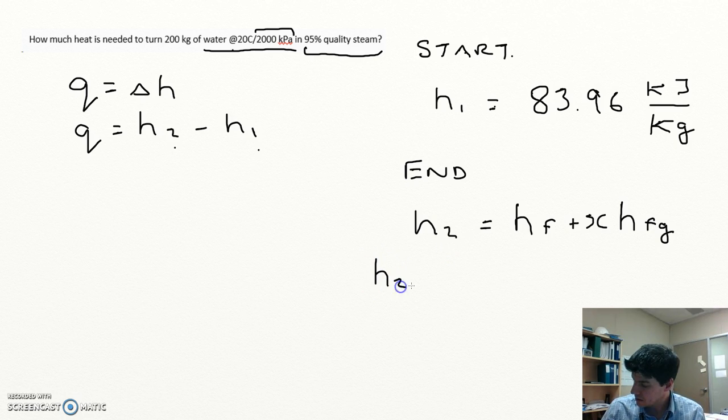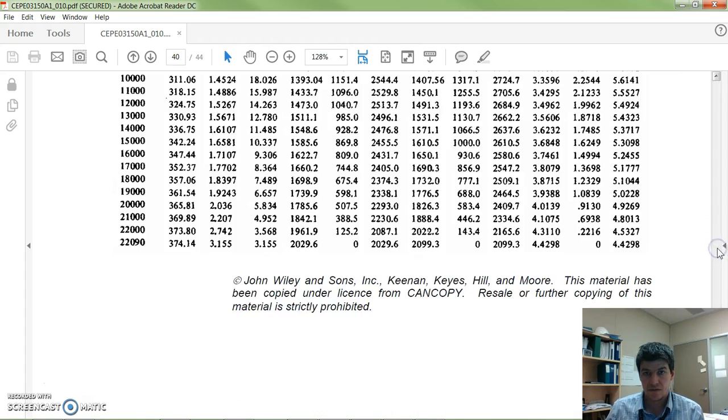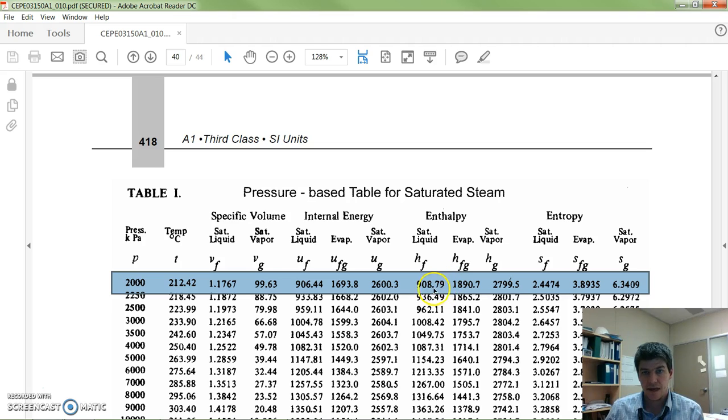So H2 is going to be equal to, I'm going to look up my 2000 kilopascals. Here we are. HF is 908.79, so you can see it here. Saturated liquid at 2000 kPa.